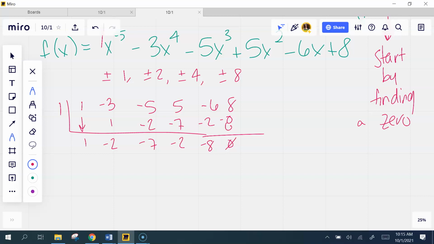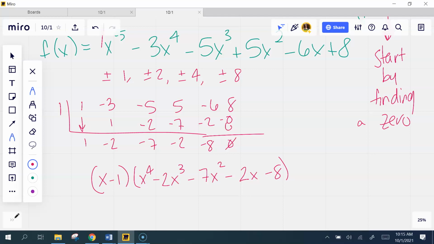So tell me so far, what does this look like factored down? x minus 1 times x to the 4th minus 2x cubed minus 7x squared minus 2x minus 8.